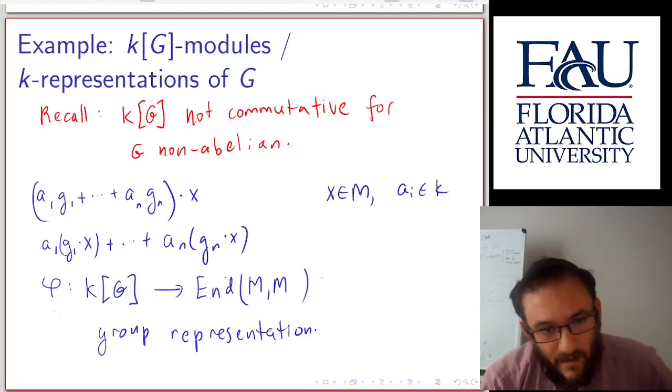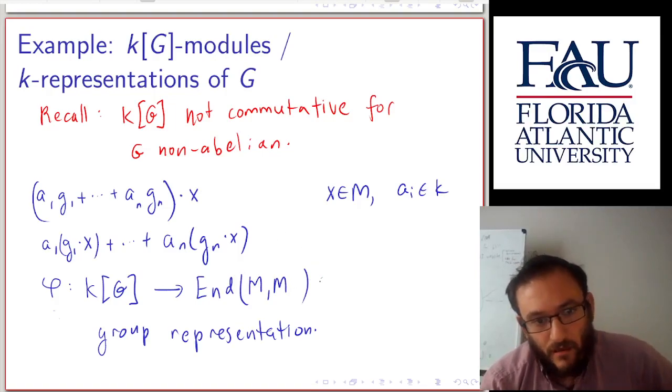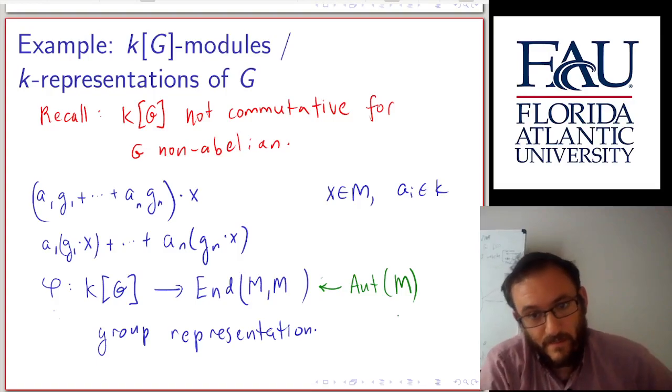So you might object that group representations are generally homomorphisms to the automorphism group of the vector space.